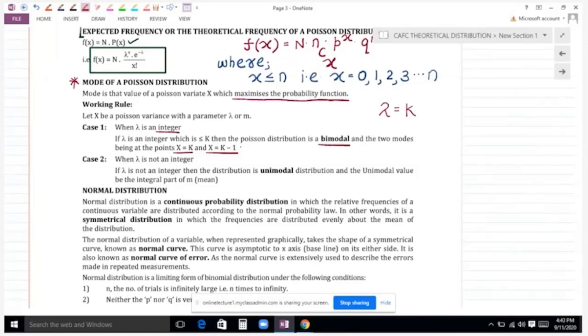So now tell me, suppose the value of lambda is equal to 7, tell me what the two values of mode will be. Correct. The two values of mode will be 7 and 6.